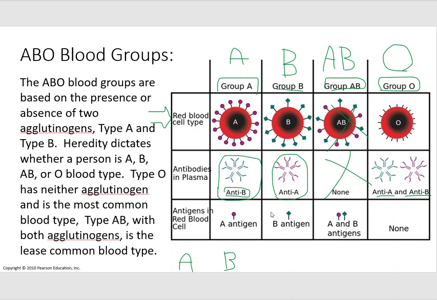That's as clear as I can explain it, but what you guys need to do is to spend a lot of time with this chart until you understand it. If I tell you that somebody had blood and that I put anti-B in there and it clumped it up, you're not going to say it's type B blood.